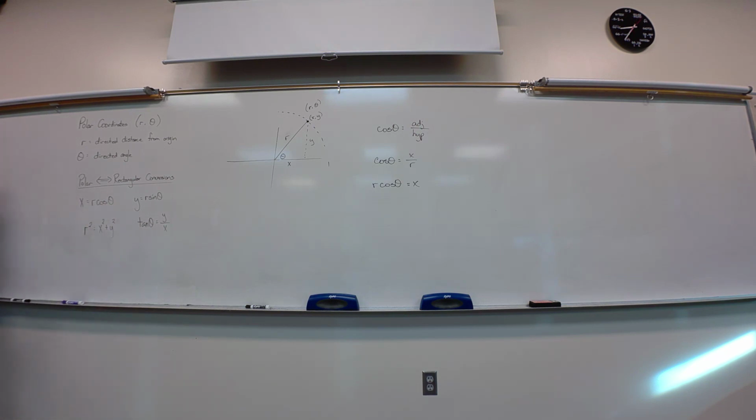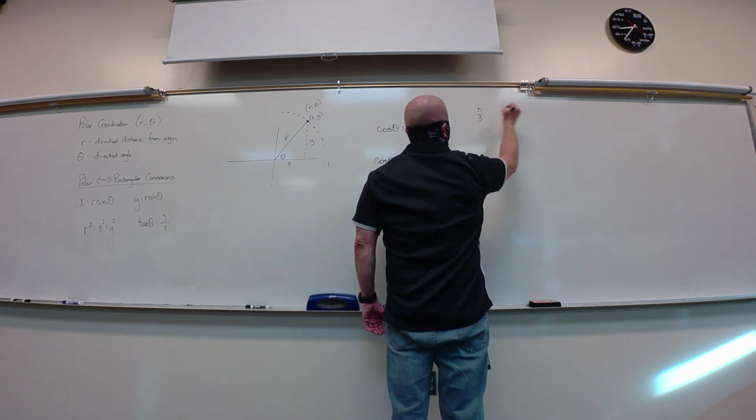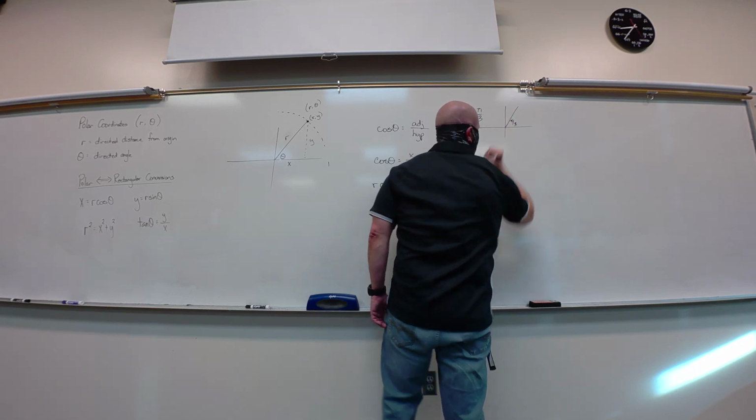This looks strange with the word directed. The directed just means you could have negatives in there. So for example, if I had, say, the angle pi thirds would be about right there. I'll make something up there.